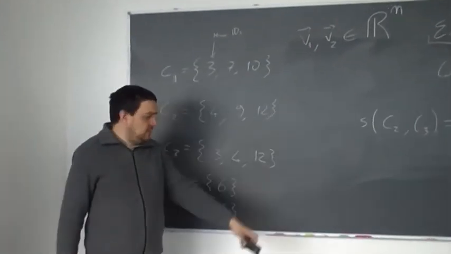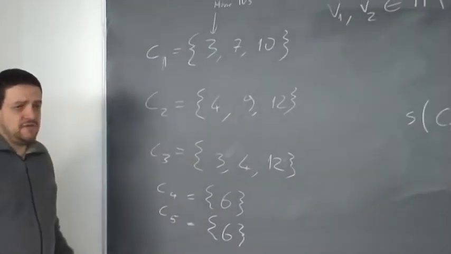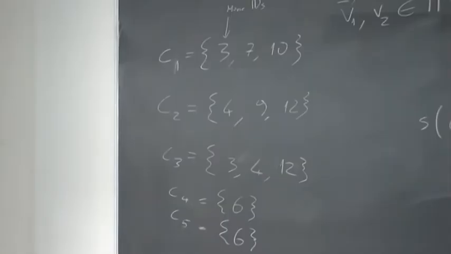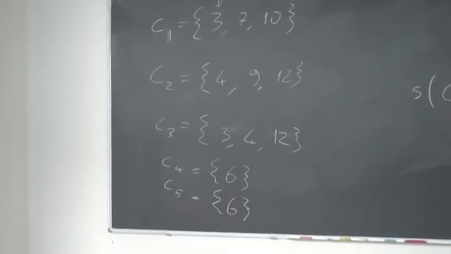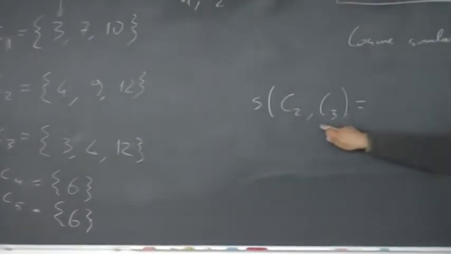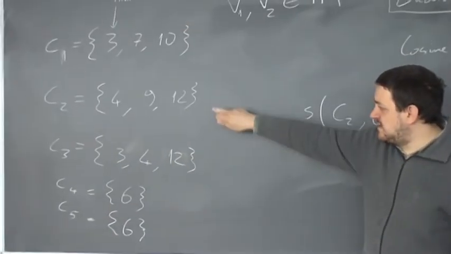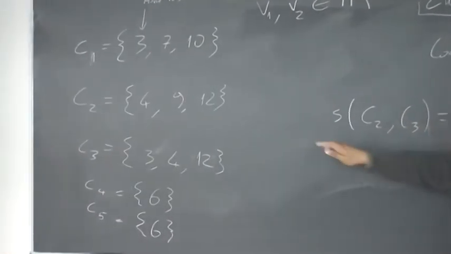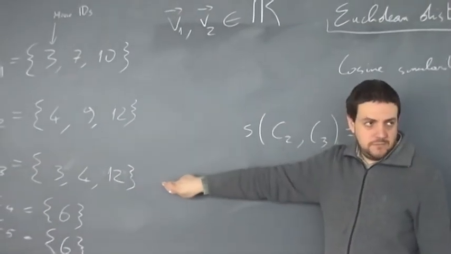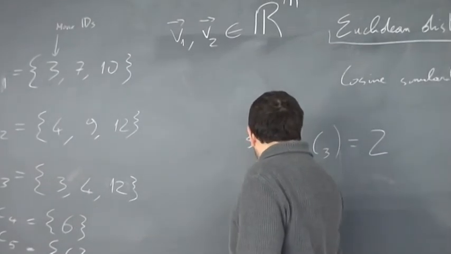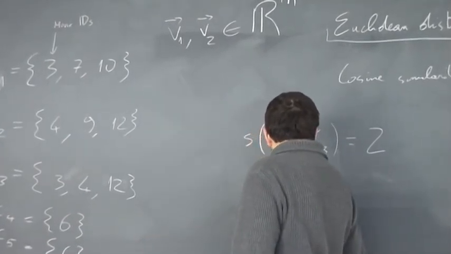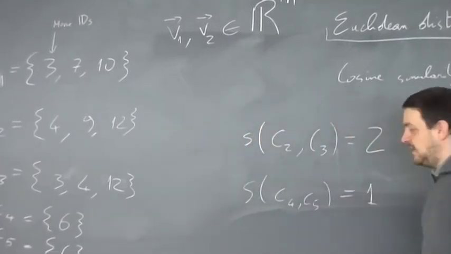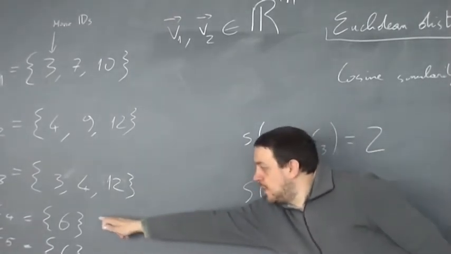With this definition, the similarity between C4 and C5 is 1. Consider this. The similarity between C2 and C3 in this context is 2, because they have two common items. While the similarity between C4 and C5 is 1, because they have one common item.